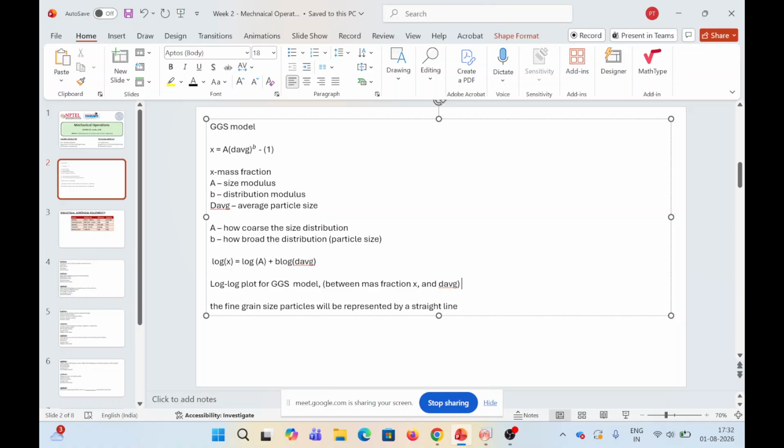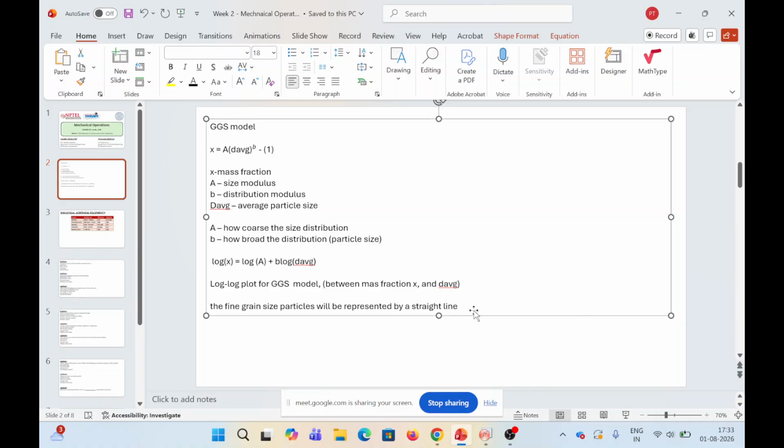So for the GGS model, the log plot needs to have a straight line, so that you can actually find out the values of A and B. That straight line represents the fine grain size distribution.